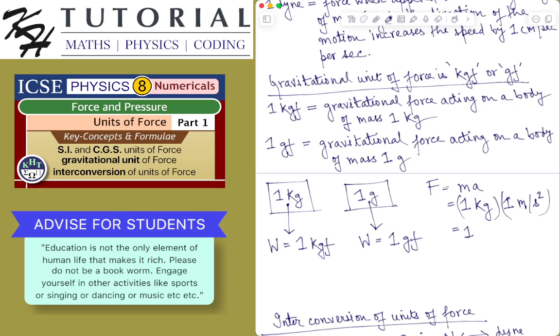Placing the unit, this is kilogram meter per second square, also written as 1 kilogram meter second to the power minus 2. So 1 Newton is also equal to 1 kilogram meter per second square.